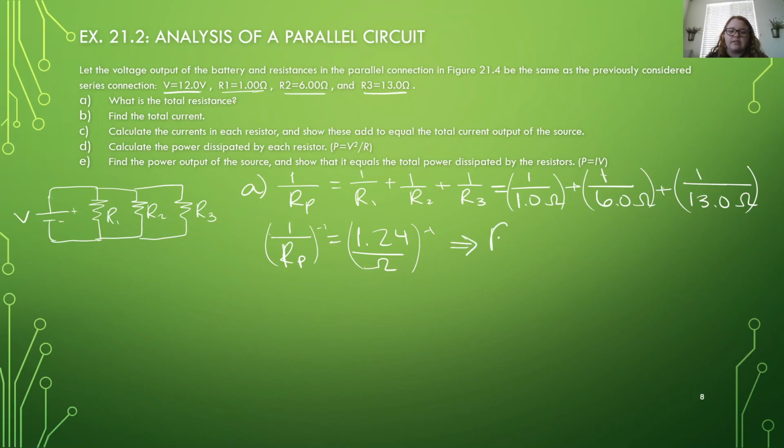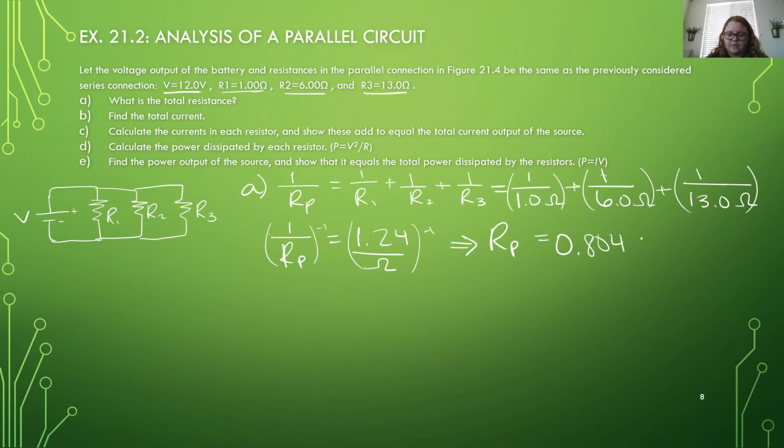So our overall resistance in a parallel circuit is equal to, and all you're going to do is take that answer you got and do 1 divided by that number. That would give you the inverse, or you can do the caret symbol to the -1. It is up to you. So this is the value I got.